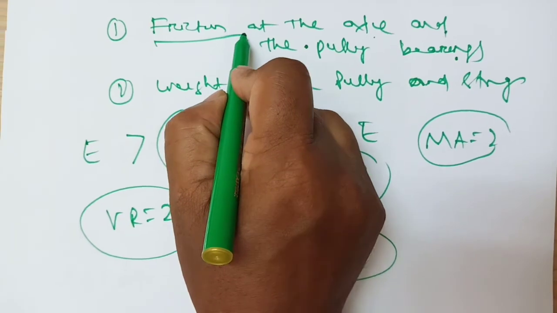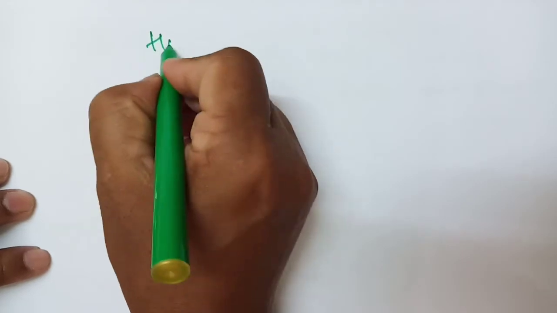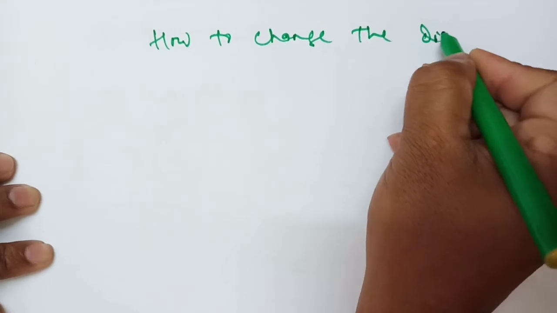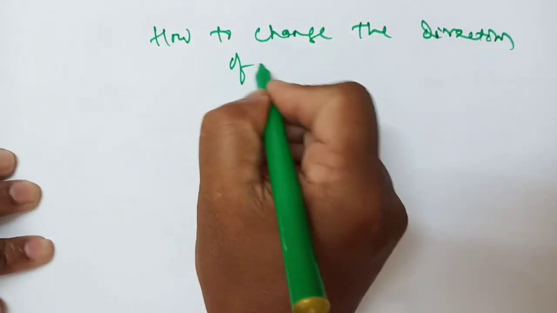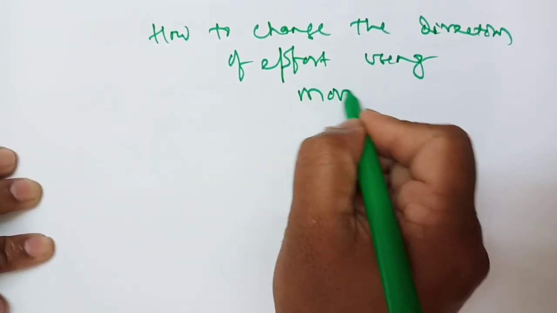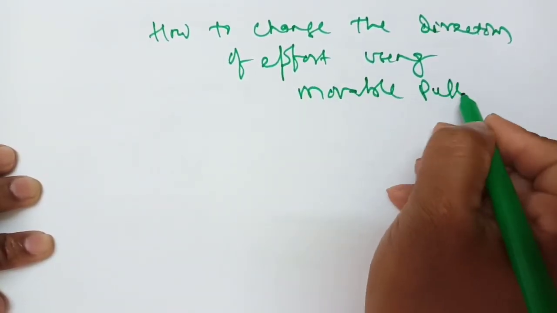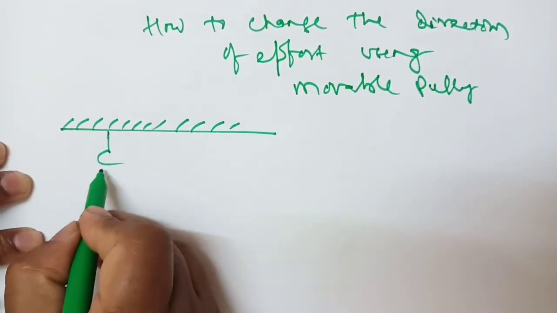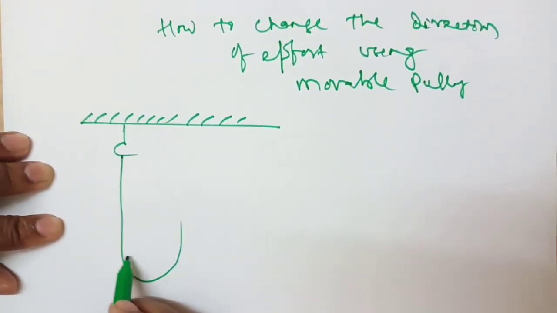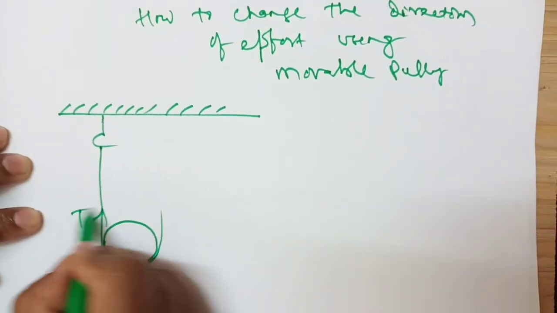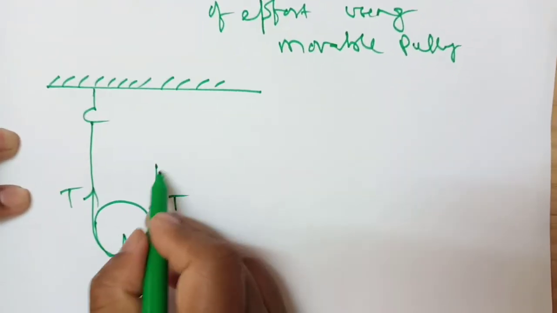Okay. Now come to another thing: how to change the direction of effort using a movable pulley. See, I told you, this is one rigid support, this is one movable pulley. This is the load, this is tension T, this is tension, this is the effort applied.